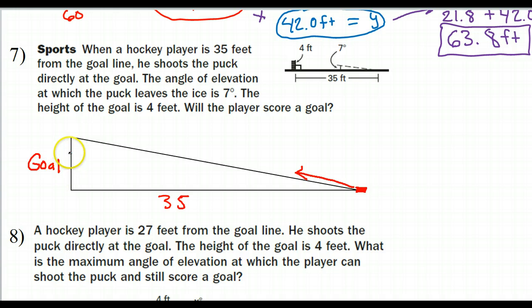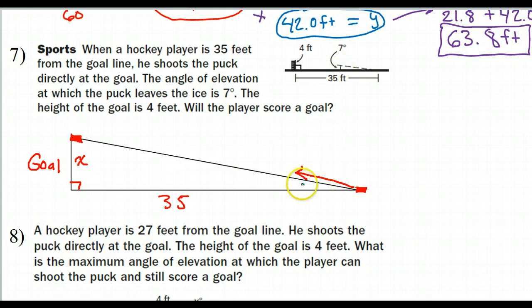But we don't know if, when the puck gets here, it's going to be in the goal or above the goal. So we have to figure this out. We need to figure out what x is, basically.